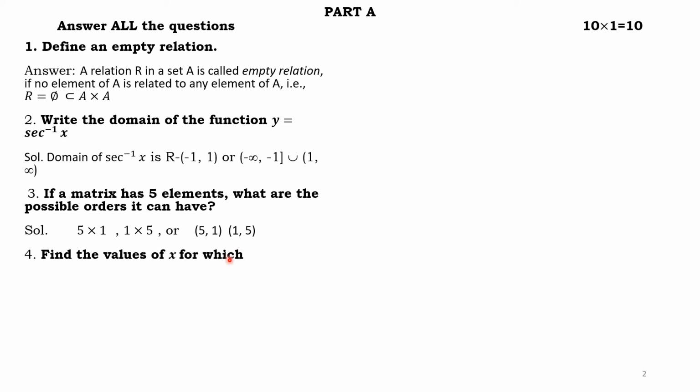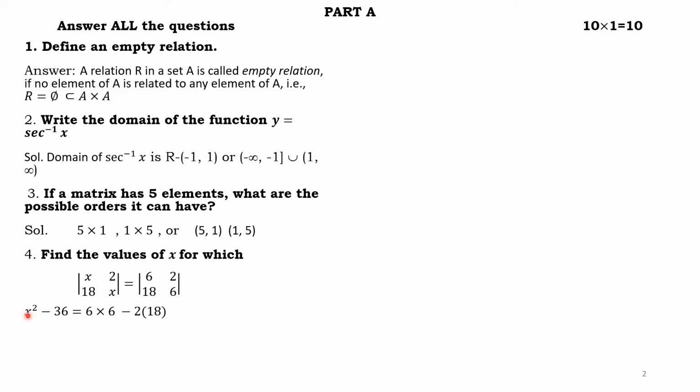Question 4. Find the values of x for which the matrix [x 2; 18 x] equals [6 2; 18 6]. So we have to solve it. Therefore, x into x is x square minus 2 into 18 is 36.